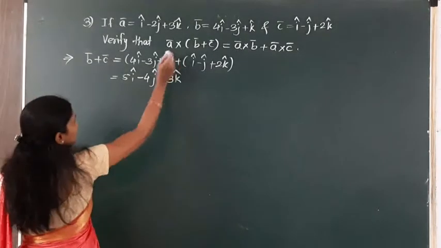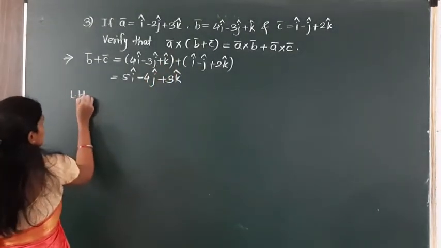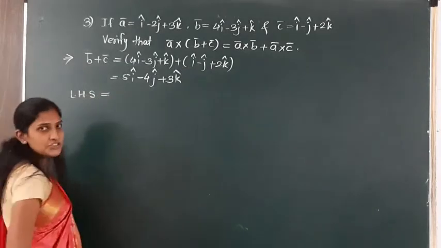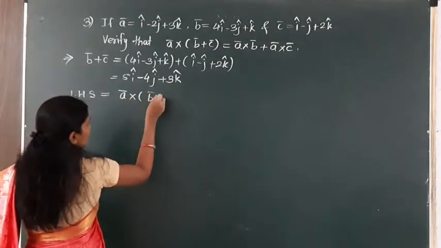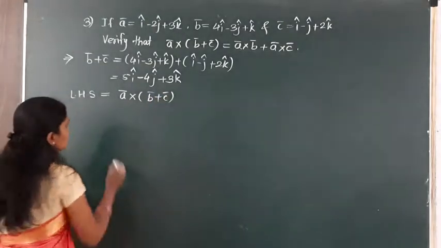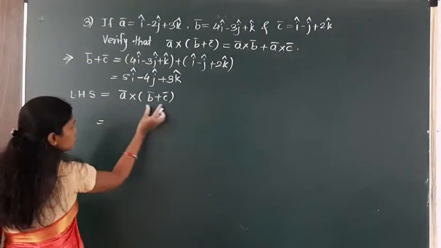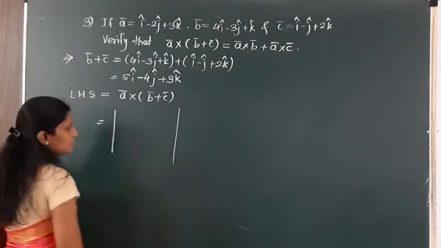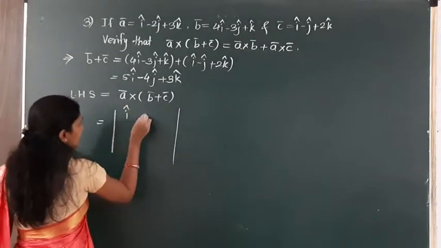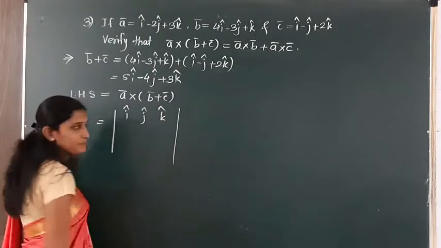Now we have to find the LHS. What is LHS? LHS is equal to a bar cross (b bar plus c bar). So here is a cross product of these two vectors. Our first row is i cap, j cap and k cap.